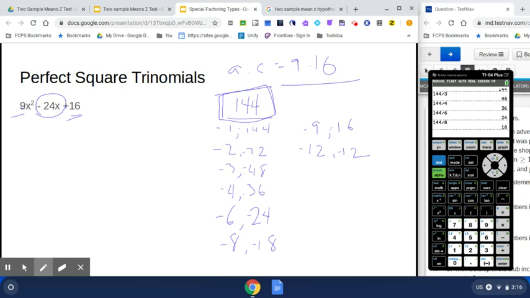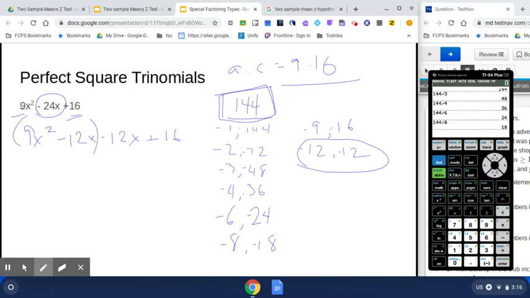Okay, so now I'm looking for the sum of negative 24. And right here it is. Negative 12 plus negative 12 will give me negative 24, but negative 12 times negative 12 will give me the positive 144. Okay, so let's rewrite that trinomial. 9x squared minus 12x minus 12x plus 16.